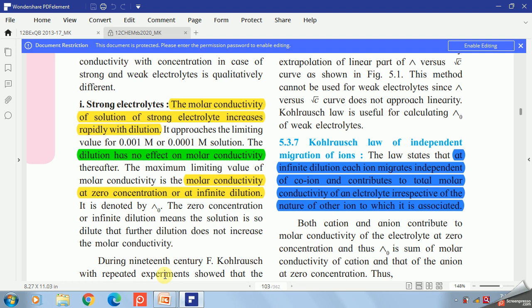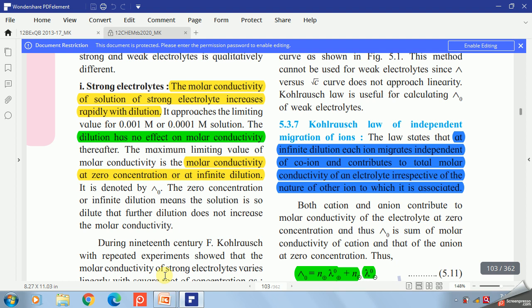So further dilution does not increase the molar conductivity. Keep in mind this point.